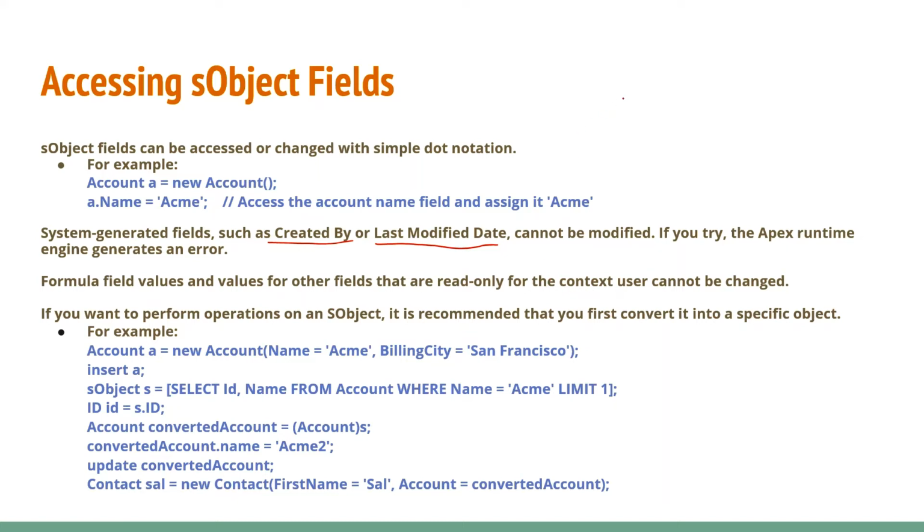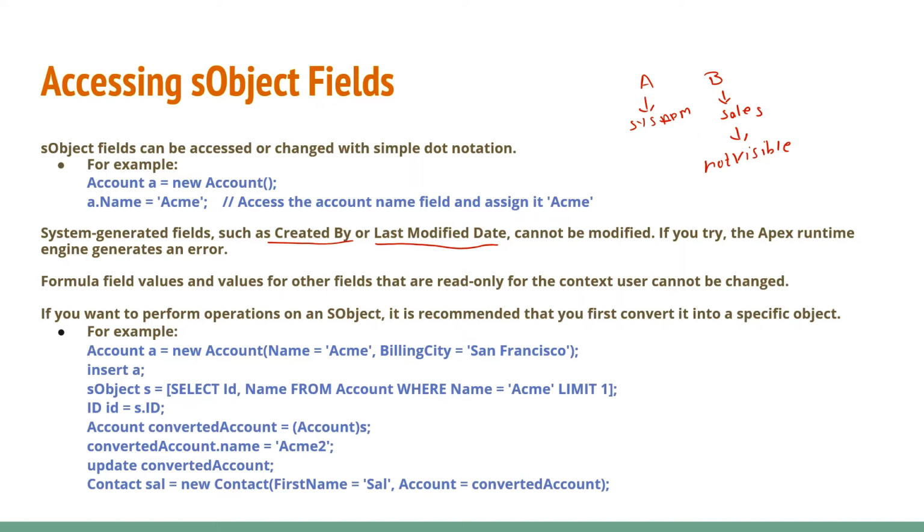If there are two users, for example A and B, where user A is a system admin and user B is a normal sales user, and user B is running a class, then fields he doesn't have access to will not be visible to him, because he doesn't have read or write access on that particular field.